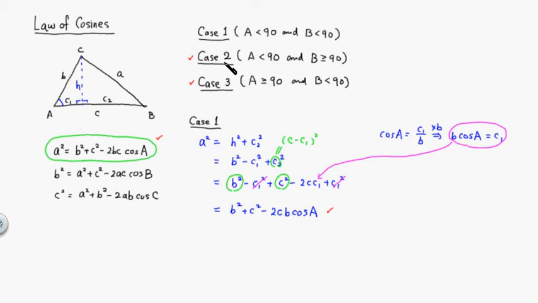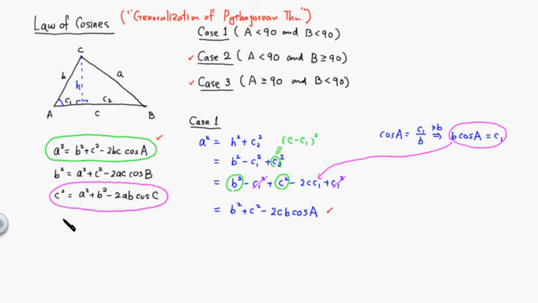The law of cosines, you can think of this as a generalization of the Pythagorean theorem. For example, an easy one to pick would be this one. This is the law of cosines there.